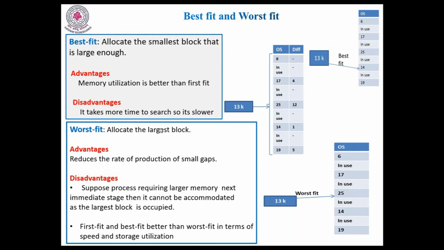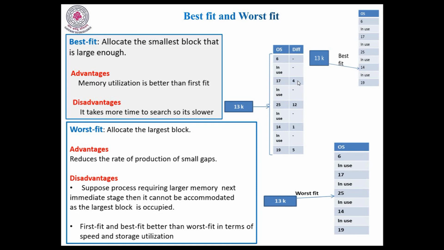Allocate the largest block. So let us take an example. The process requirement is 13K. So when I want to find the largest block, I need to scan the entire list. With the scanning operation, the similar process we applied for the best fit, we need to apply for finding the largest block.